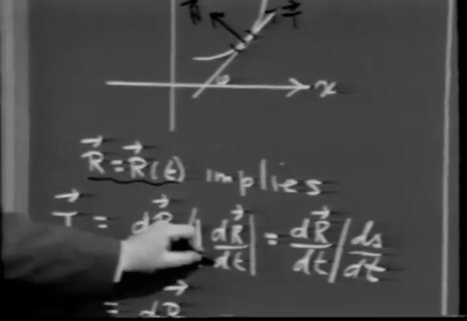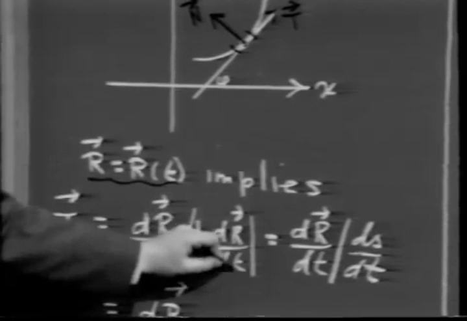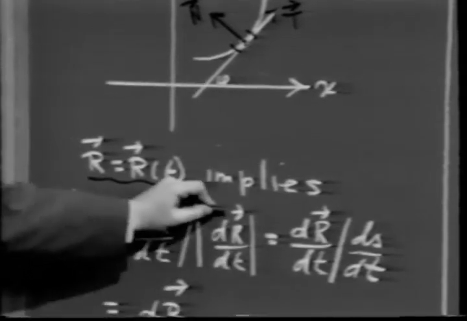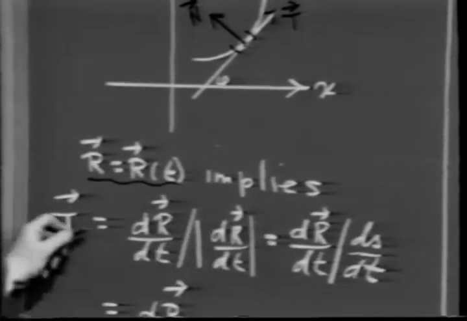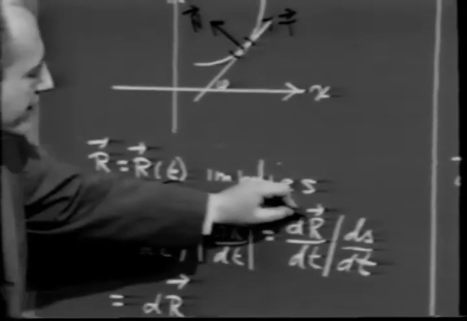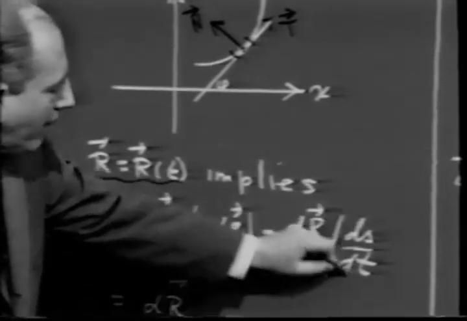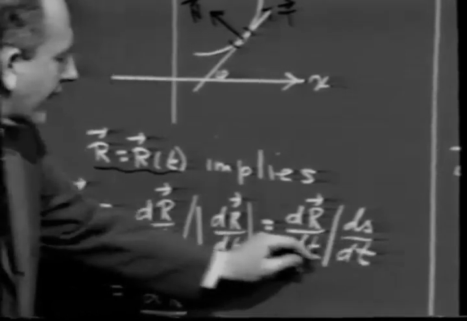We also showed last time that the magnitude of dr/dt is speed along the curve. Speed along the curve happens to be called ds/dt. So another name for the unit tangent vector is (dr/dt) divided by (ds/dt). By the chain rule, we can cancel dt.